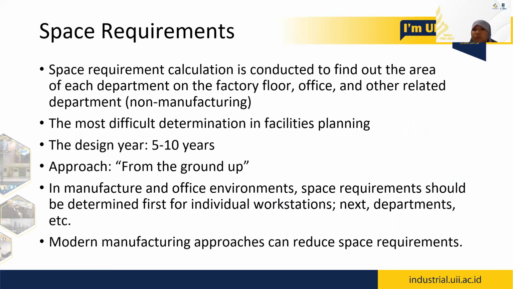The space requirement consists of not only the production floor or factory floor, but also the office and other related non-manufacturing departments. Aside from facility location, facility planning, or finding the space requirement, is really difficult and is considered one of the strategic decisions.